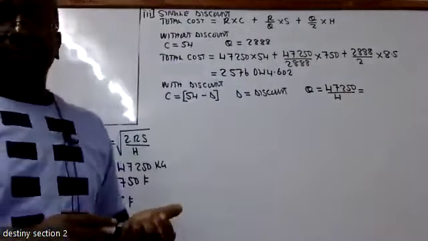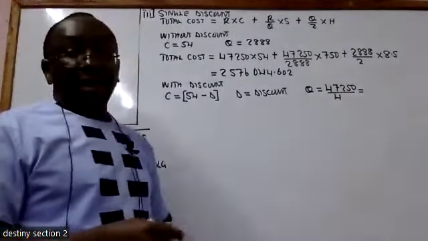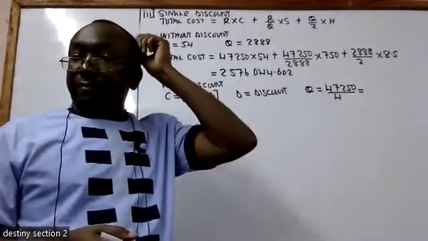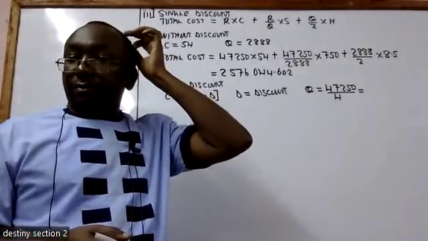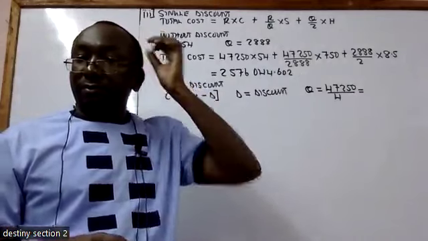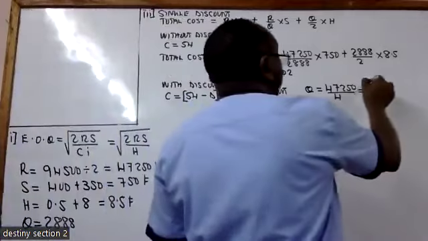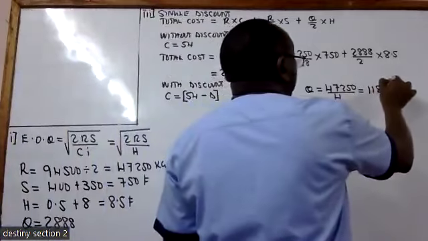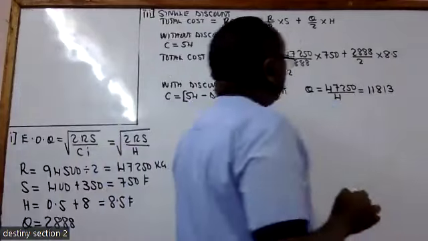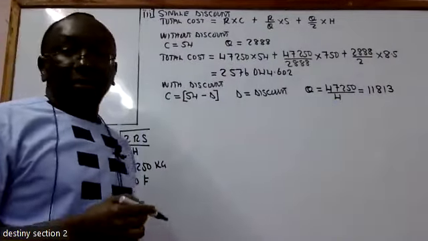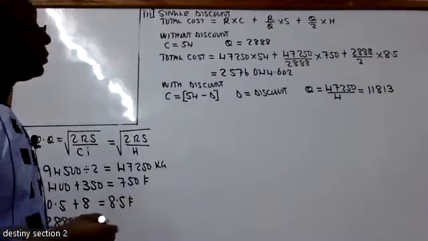That's the meaning. So you divide, and every time he will be sending 11,813 units.